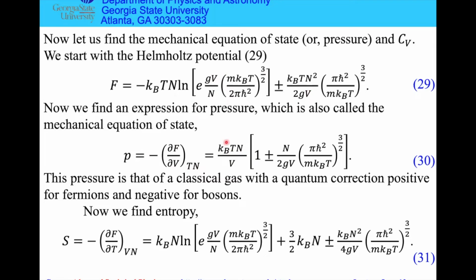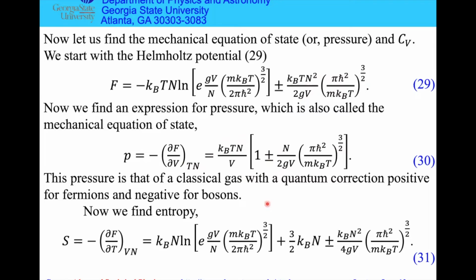It changes sign, and there is another sign, so the sign remains the same. And V becomes squared. I take 1 over V, kBT, N outside. It is the same coefficient, this one. What I'm left with is N first power divided by GV, because of V squared, and this coefficient without change. So this is the pressure, with the first quantum correction. So it's symmetric. For fermions, I'm getting an increase of pressure, and for bosons, a decrease of pressure by the same amount.